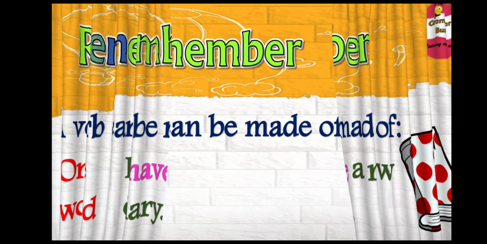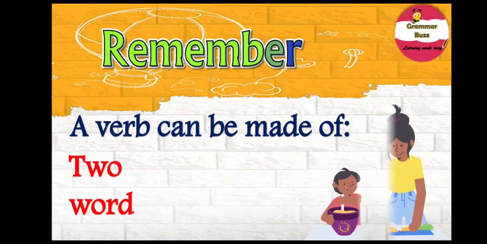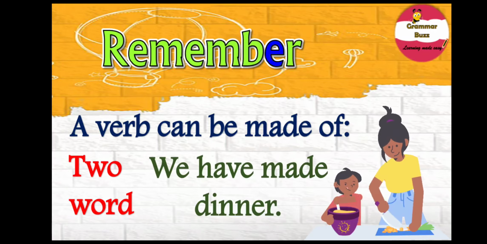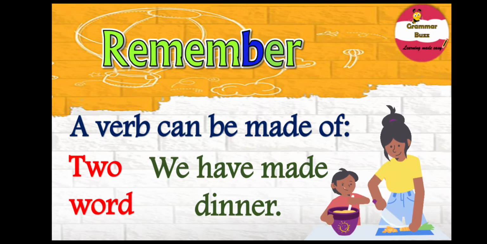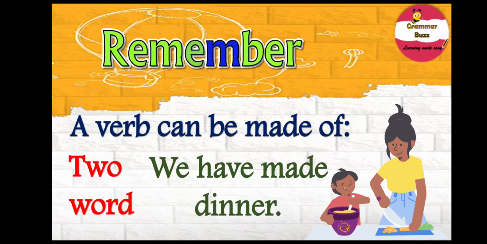And here we need to remember that verbs can be made of 2 words. Not just one, but also 2. Well, let me give you an example. Our sentence says, we have made dinner. We have made dinner. Note in this sentence, the main verb is made. The verb made shows the action of the sentence.